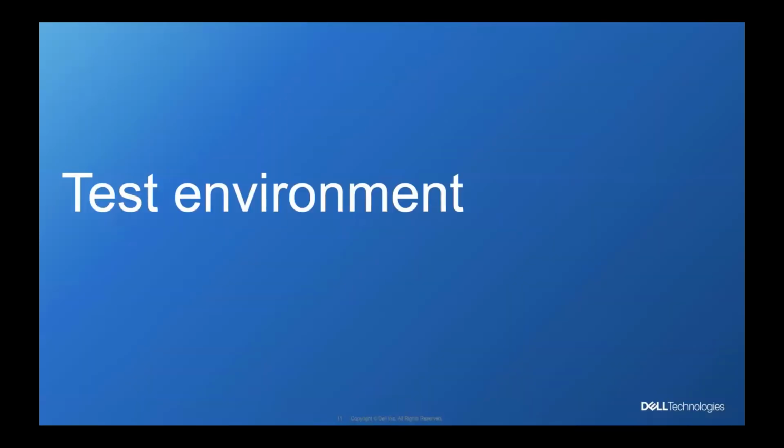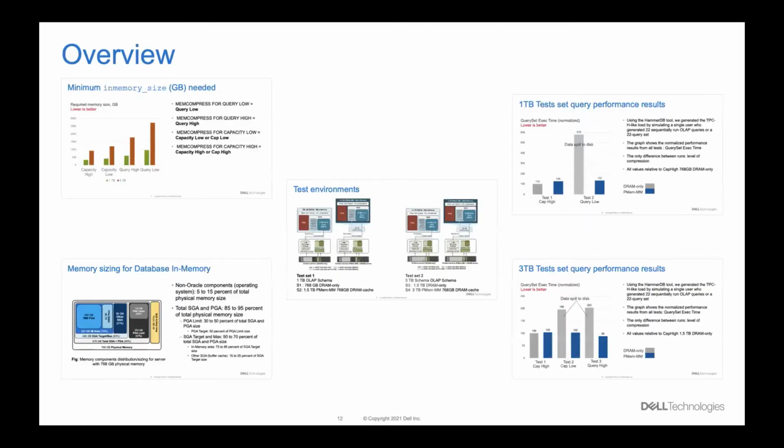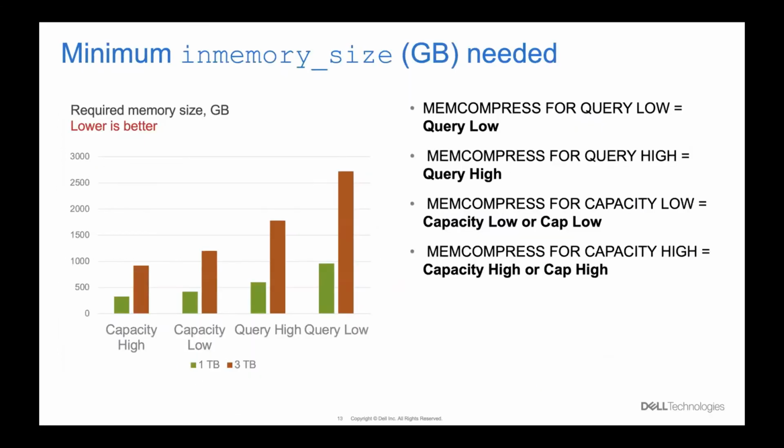And coming to the description of the test environment. We did two series of tests with different levels of compression. So let's first take a look at what level of compression we achieved.